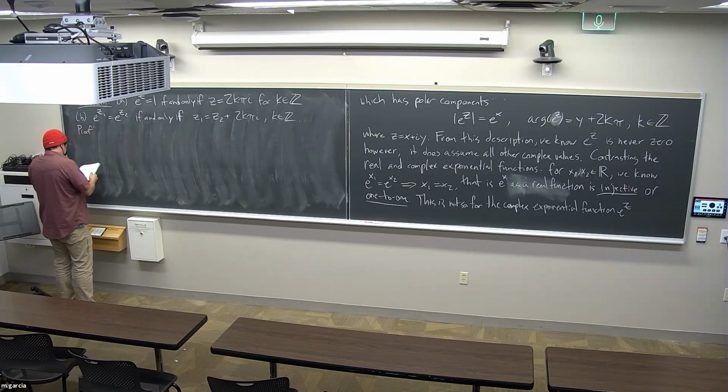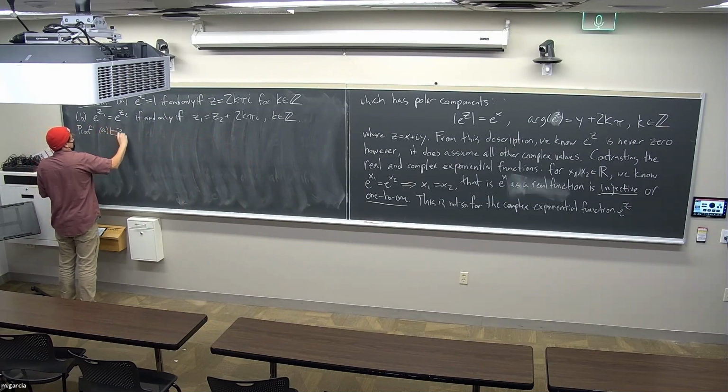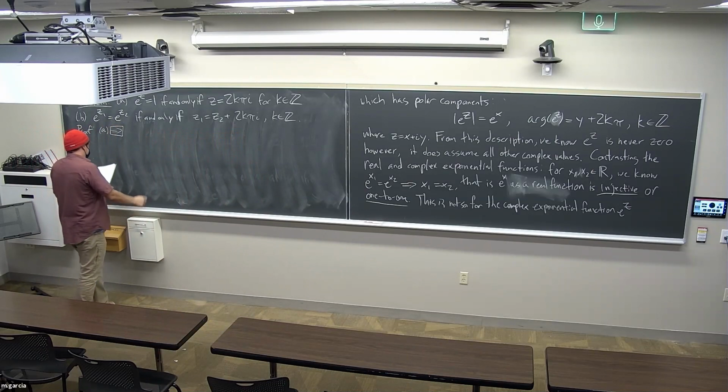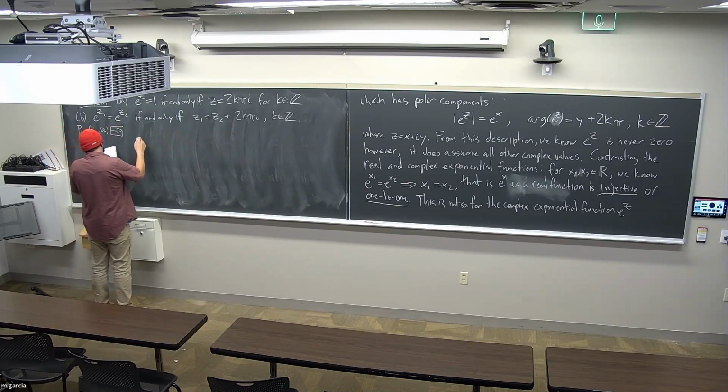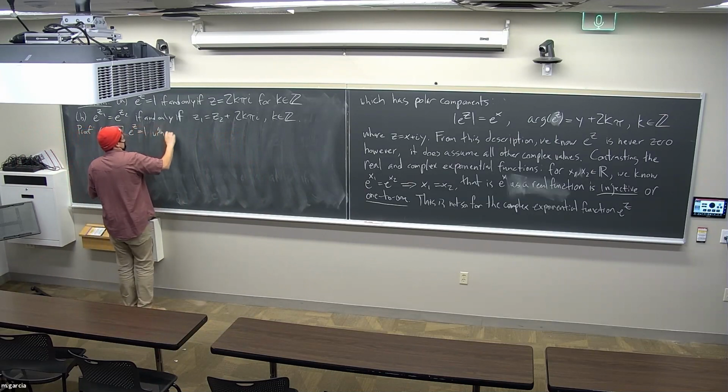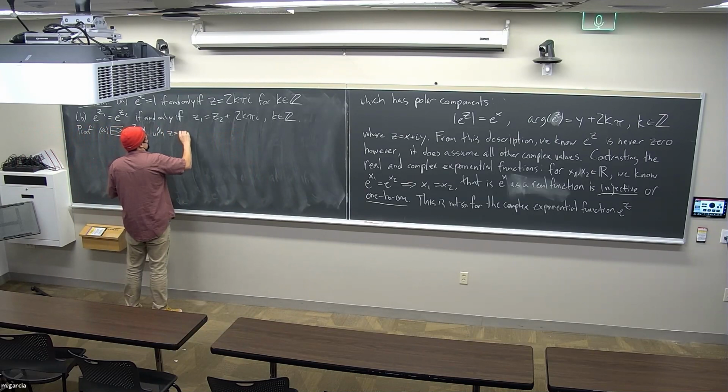Okay, so first, we'll just assume that e to the z equals 1, with z equals x plus iy.